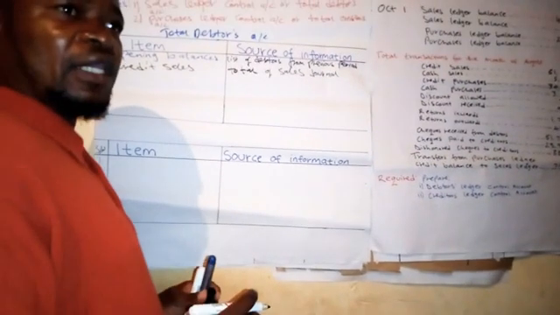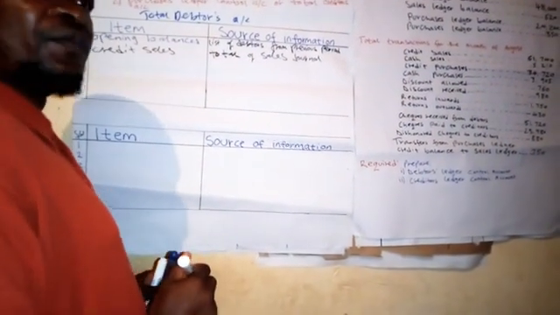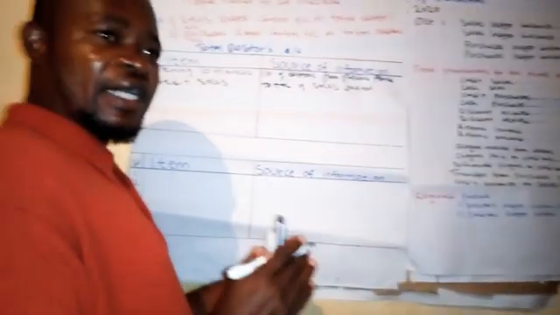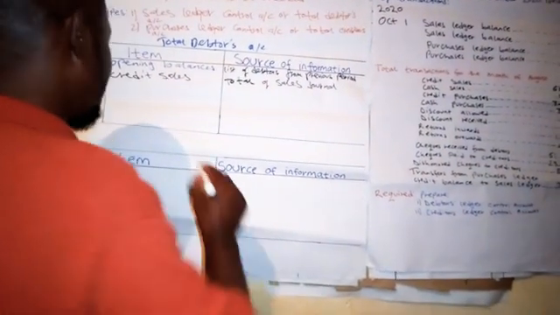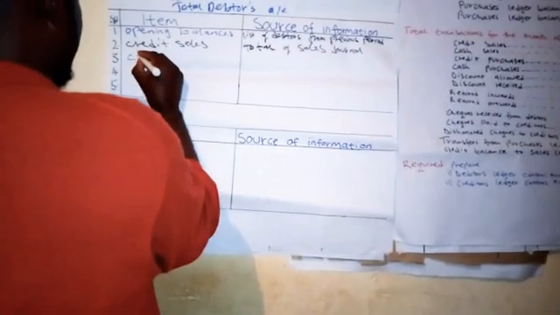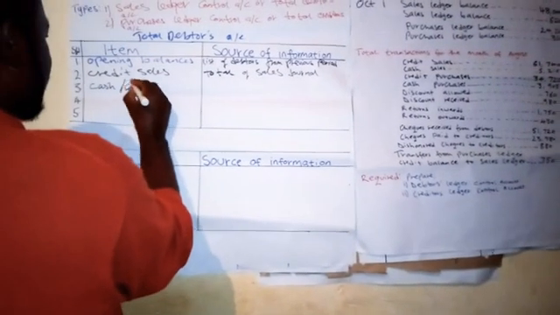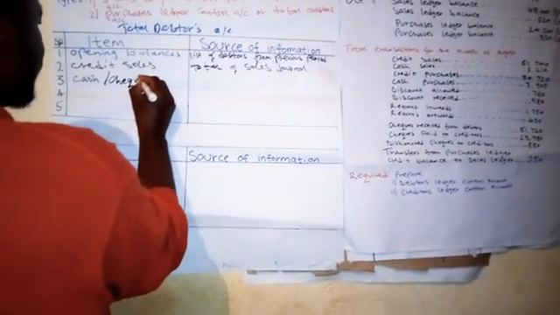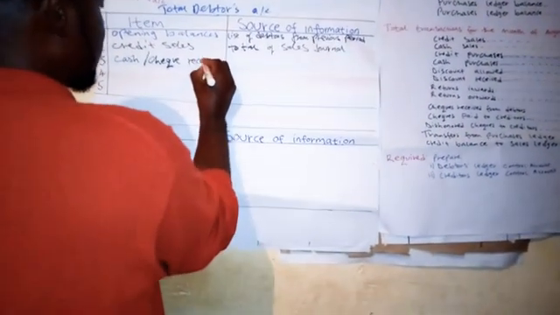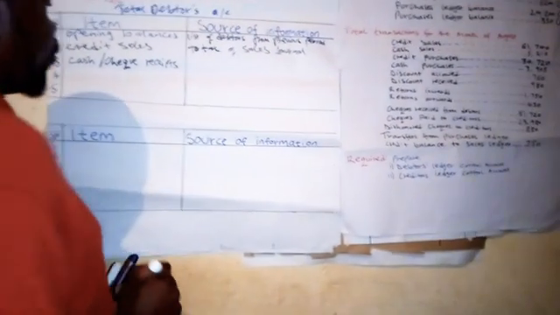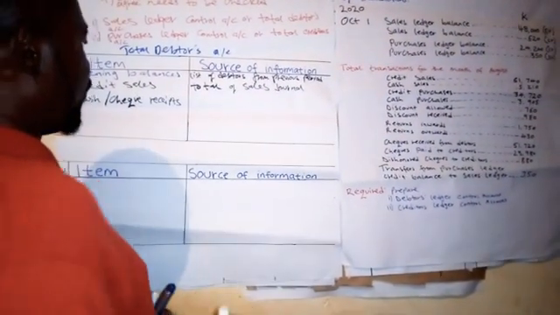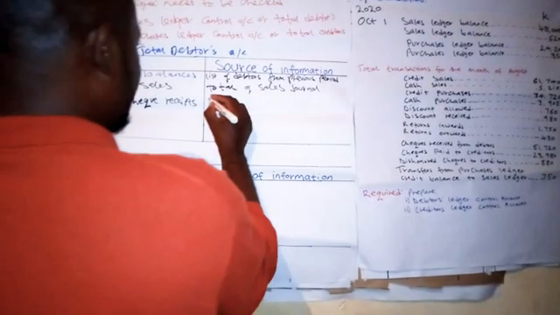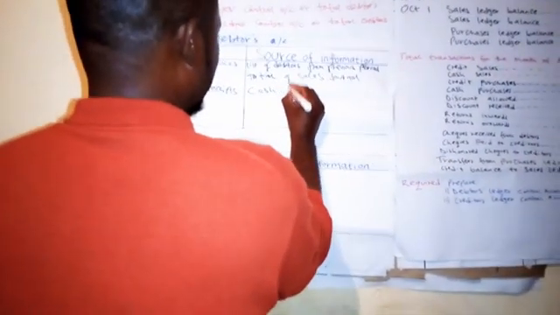Then the third item, you have cash or cheque receipts from your credit customers. Now the source of information for this is the cash book. Okay, the cash book.